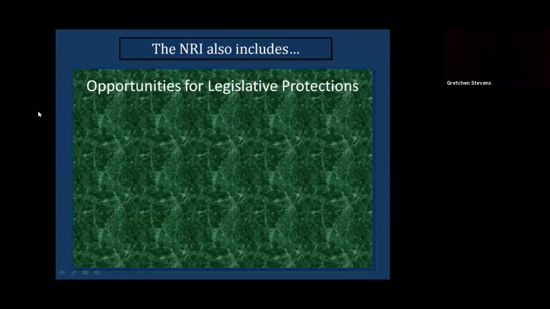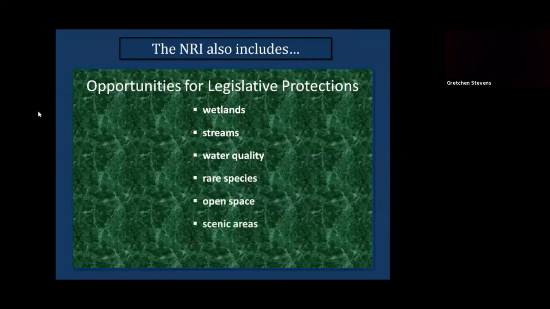The kinds of resources that can be addressed in local legislation include, for example, wetlands, to extend protection to all the many wetlands that are not protected by the state or federal laws, extend protection to streams in similar ways, protect drinking water sources and other surface water and groundwater sources, protecting habitats for rare species, protecting open space that's important to the community, protecting scenic areas.